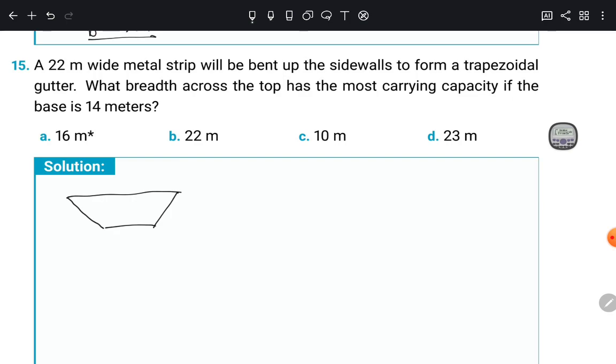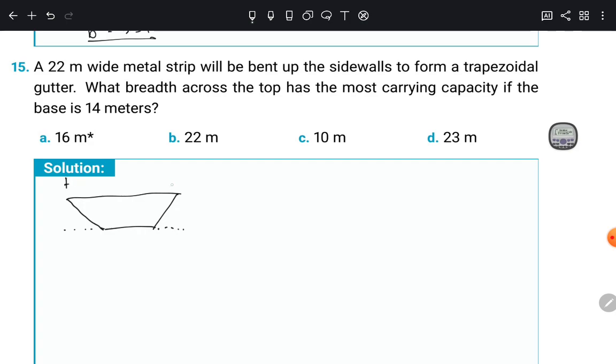Now the length of the strip that is bent, the length is 22 meters wide. And what we want to determine is the breadth across the top. What breadth across the top has the most carrying capacity?